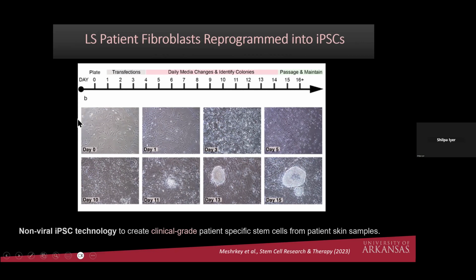Since it's a Leigh's syndrome network meeting, this is an example of 5 different pediatric patients with Leigh's disease. We took skin samples, reprogrammed them and converted them into stem cells by 15 days. You can see fibroblasts on day 0, and by day 15, converting into induced pluripotent stem cells.